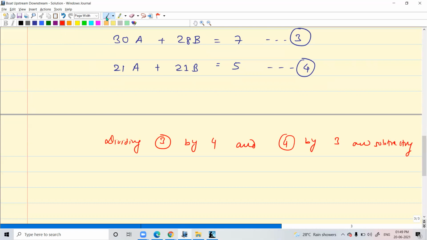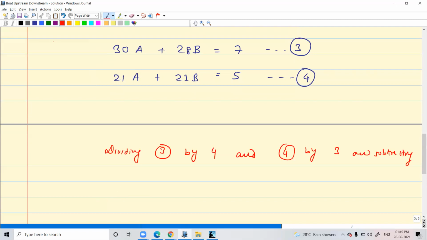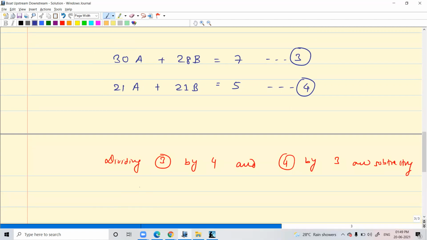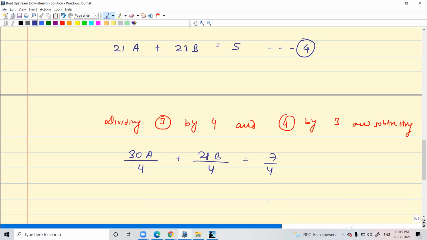So let's first do the division of the third equation by 4. It will become 30A by 4. First term divided by 4, second term also, 28B will be divided by 4, and 7 will also be divided by 4.